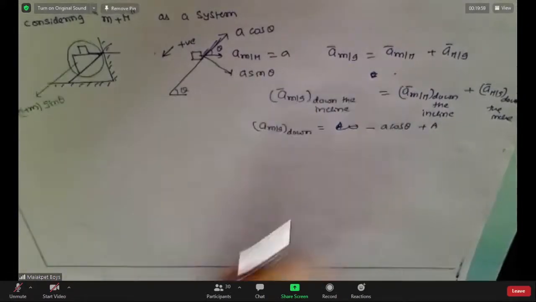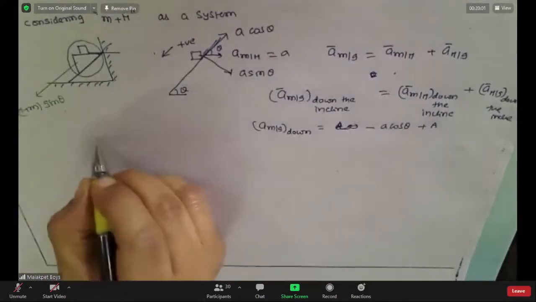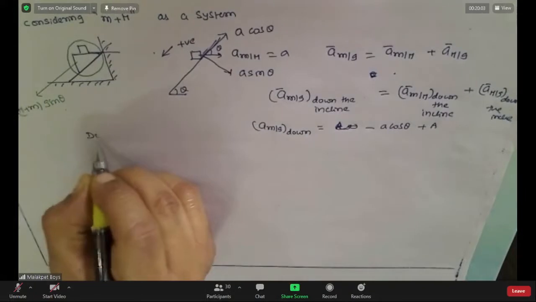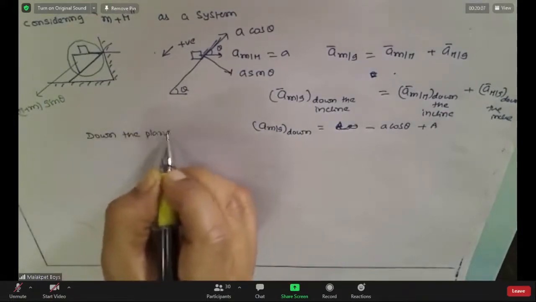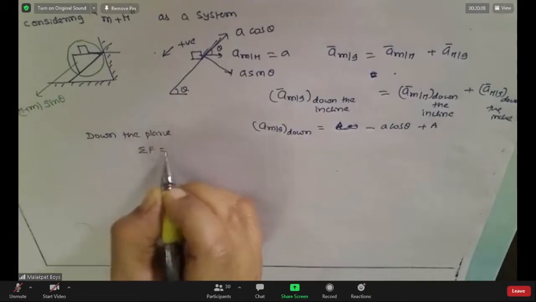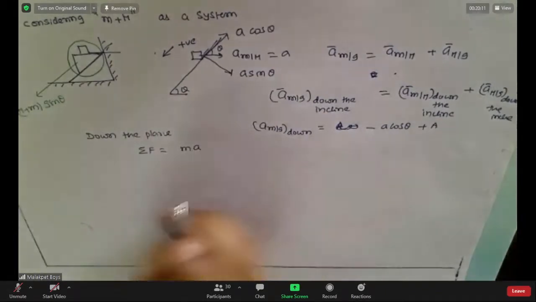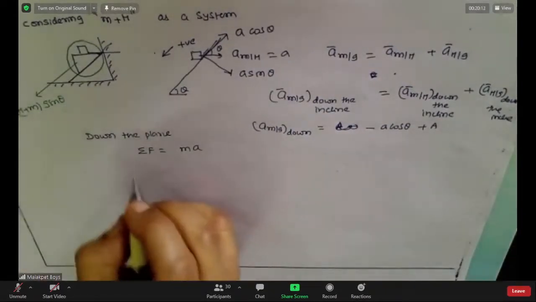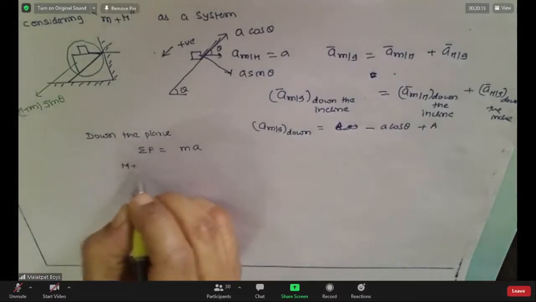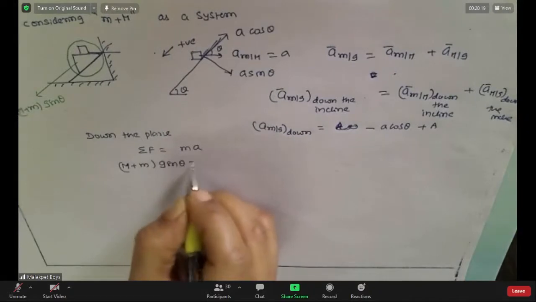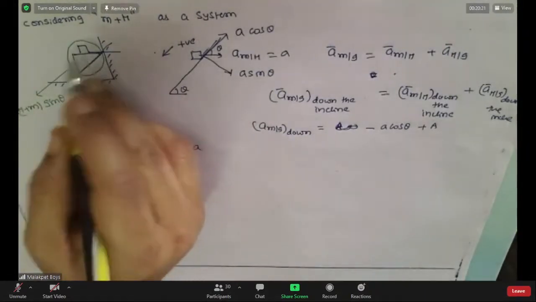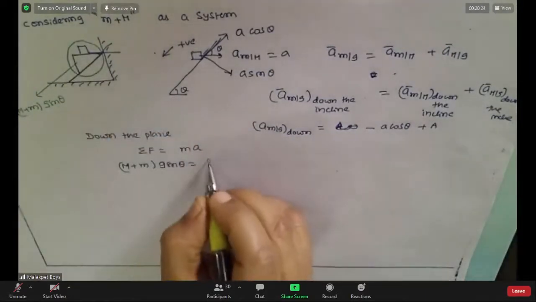Agreed. Now what I do is, I can say that down the inclined plane I am writing Newton's laws. Down the plane I am applying net force equals mass into acceleration. What is down the plane? The net force, m g sin theta, because I am taking this as a system, only external force is this. Agreed?